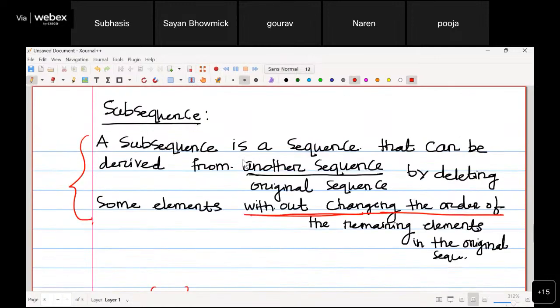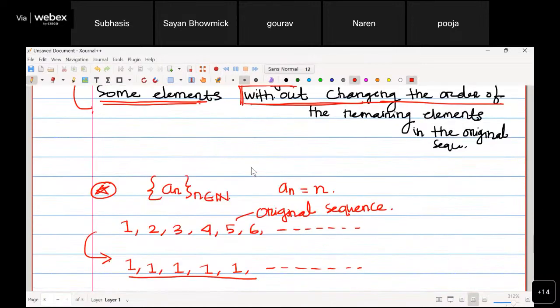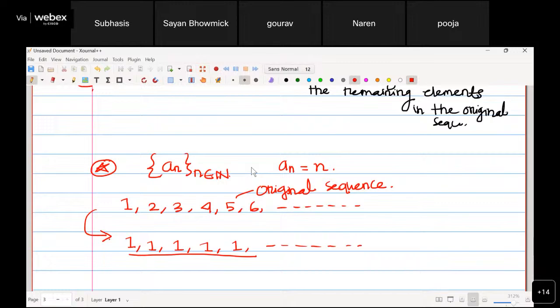So let me now forget about order. If you see the definition, actually you are doing two things, right? First, you are applying two things to the original sequence. You can delete a few elements, and at the same time you have to maintain the order also, right? Yes, sir. And in this case, sir, you're duplicating one element multiple times, which is not allowed.